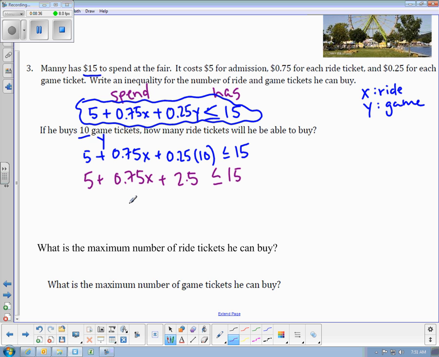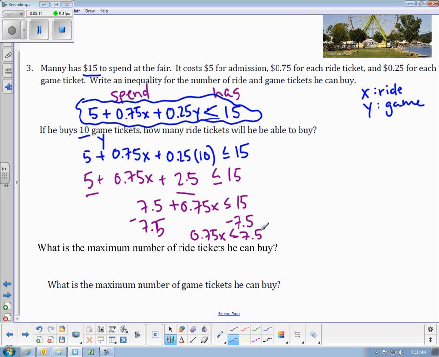And then I'd have 7.50, because if I put that with that, 7.5 plus 0.75x is less than or equal to 15. And subtract the 7.5. I get 0.75x is less than or equal to 7.5 there.